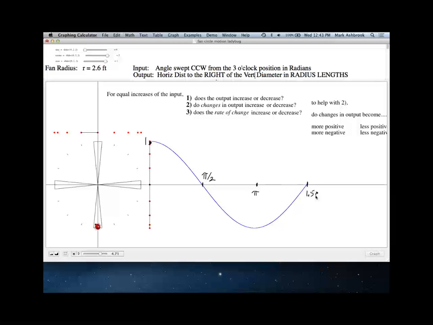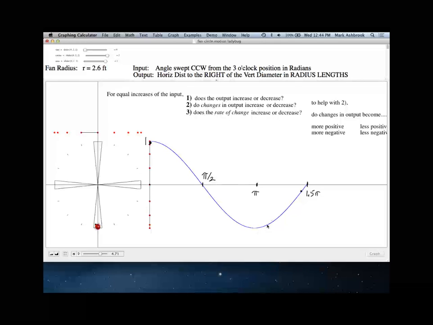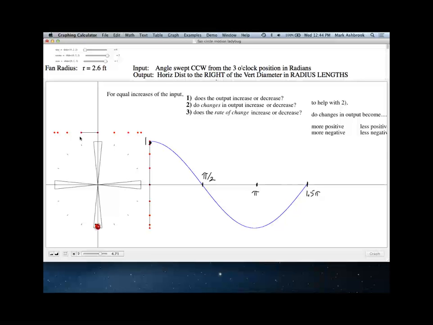And how does it do that? What about the changes? Are they positive or negative changes? Positive changes because the function is increasing. More positive or less positive? More positive. Therefore, increasing rate of change, concave up.